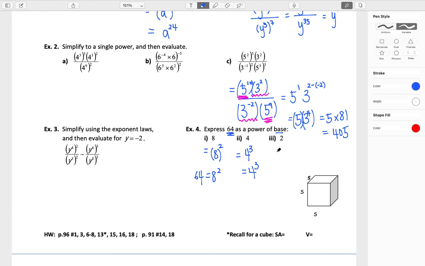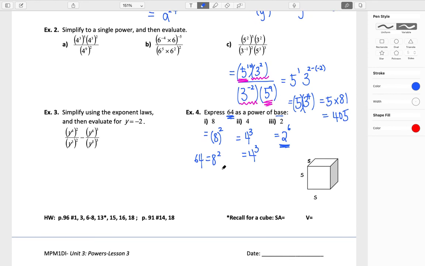Same thing for 2, you could do trial and error. You could start doing 2 to the 3, or perhaps 2 to the 4, and you will notice that 2 to the 6 will give me 64. So the base of 2 to the 6 will be equal to 64.